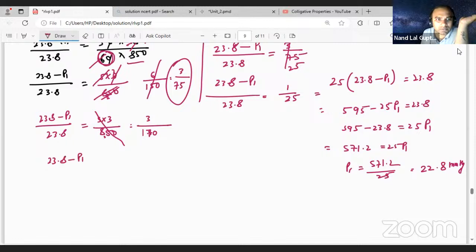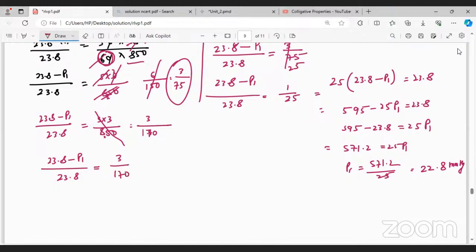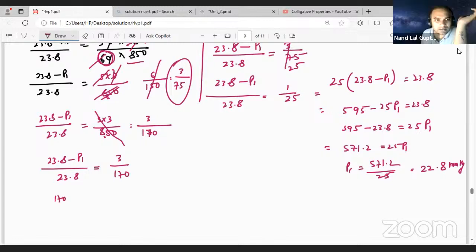So 23.8 minus P1 divided by 23.8. Here we can write 3 upon 170. Now, 0.017. Here we are solving now. 170 times (23.8 minus P1) is equal to 23.8 multiplied by 3.